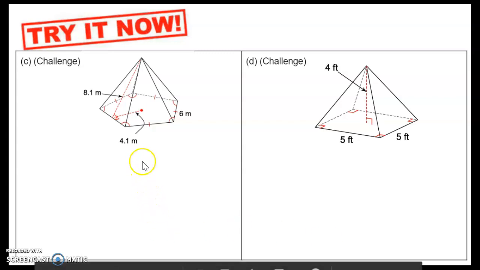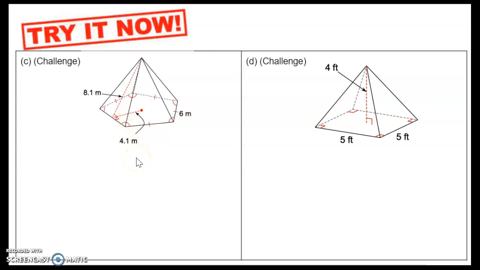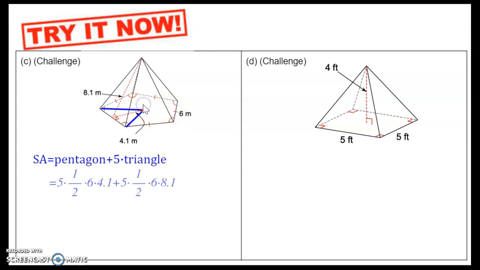Okay, with this problem, not all the information is given to you. Well, what sort of shape is this? This is a pentagon. Do we know how to calculate the base area of the pentagon? Well, the pentagon is made up of little triangles, and we have 5 of these because we have 5 sides. So it's going to be 5 times the area of each triangle, with the height and the base.